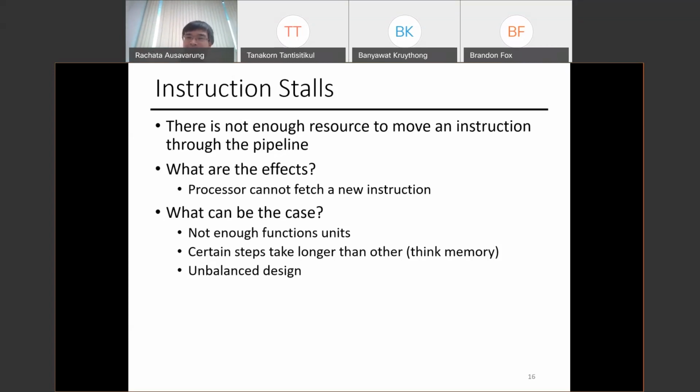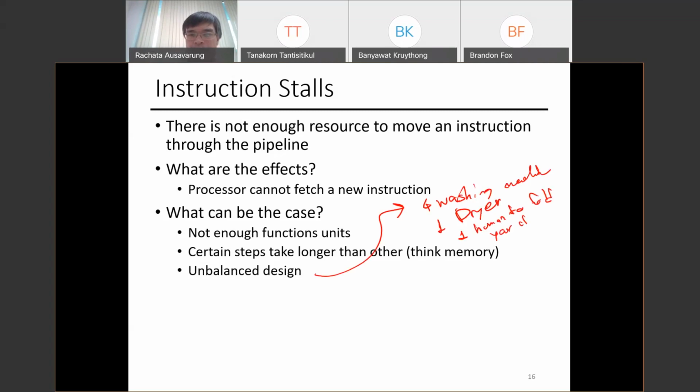Some unbalanced design. So let's go back to the washing machine. Let's say you have 4 washing machines, 1 dryer, and 1 human to fold it. How many hours would that take?